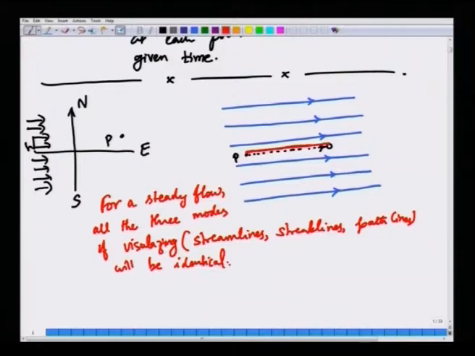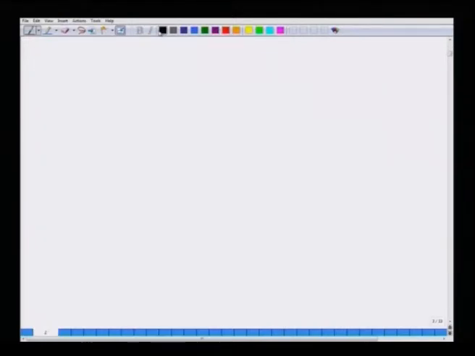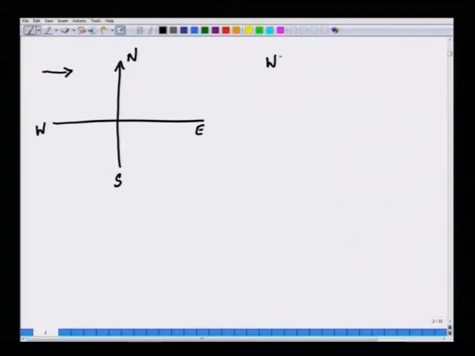However, this is not quite the same for an unsteady flow, as we discussed in a related example: north, south, east, west. Suppose the wind is blowing from west to east from time t equals 0 to t equals t naught, and then northwest to southeast from t equals t naught to current time t.